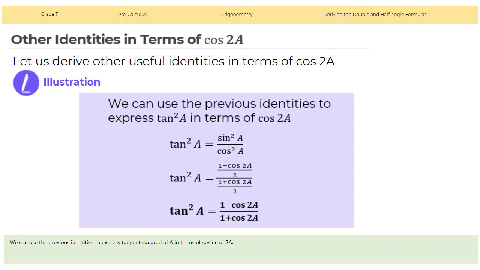So now you have tangent square a equals 1 minus cosine 2a over 2 all over 1 plus cosine 2a over 2. So eliminating both denominators, which is 2, it will be tangent square a equals 1 minus cosine 2a all over 1 plus cosine 2a.